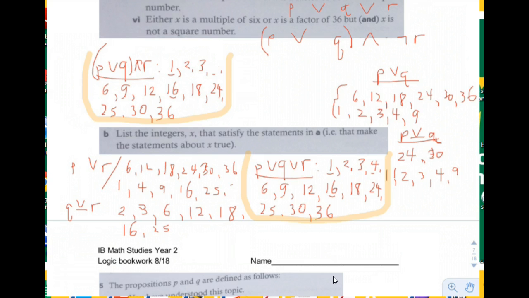So we eliminate 4, we eliminate 1, we eliminate 9, 16, and 25, and 36. And that's what we're left with there. How's that? Okay? So that was the last one there.